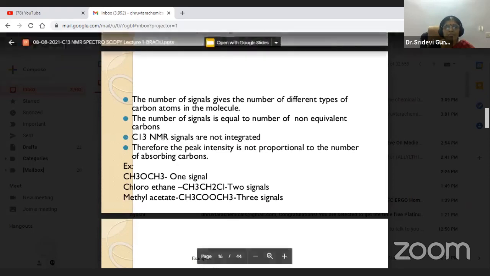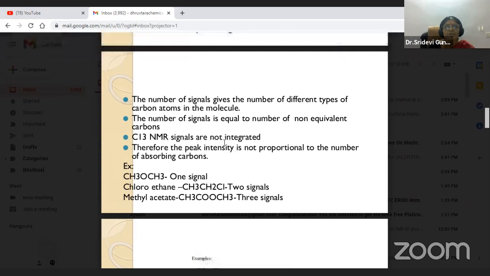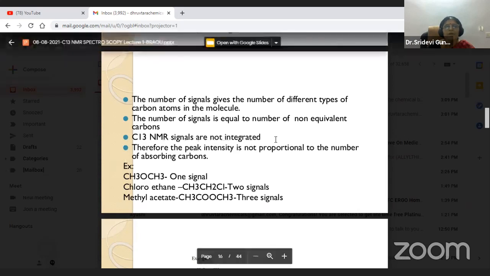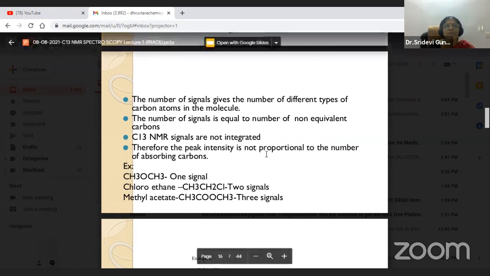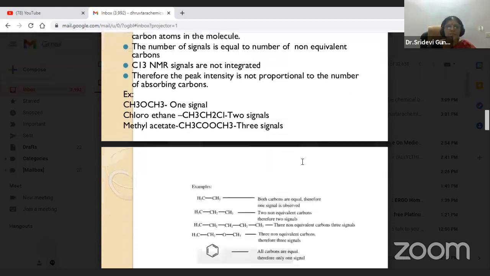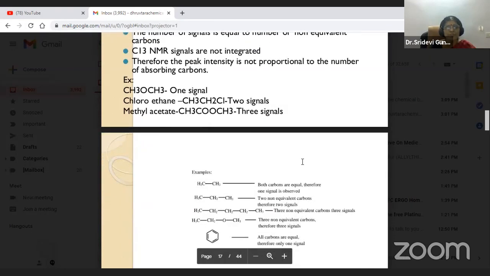The intensity of the signal will not be proportional to the number of carbons in that magnetic environment. Therefore, the peak intensity is not proportional to the number of absorbing carbons. The intensity increases due to the nuclear Overhauser effect.